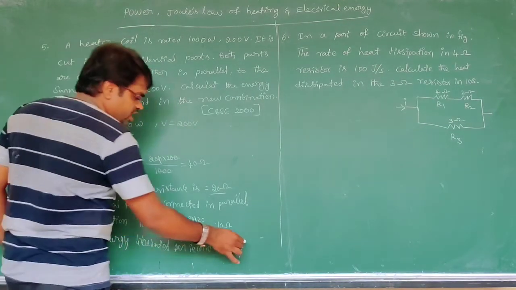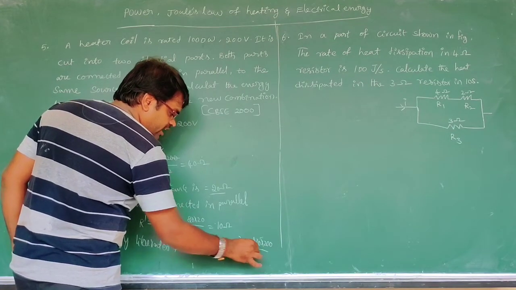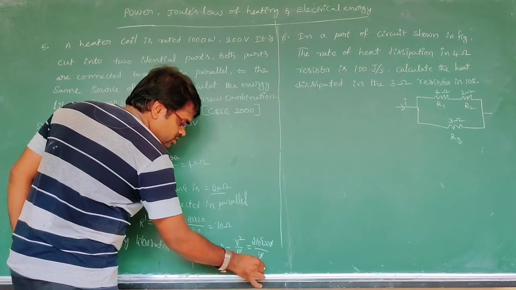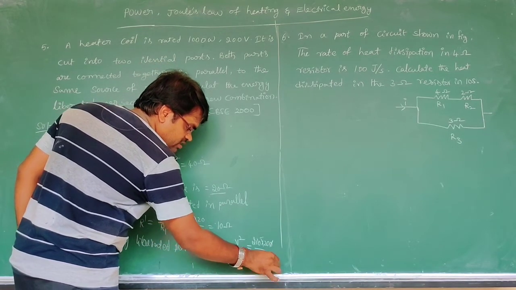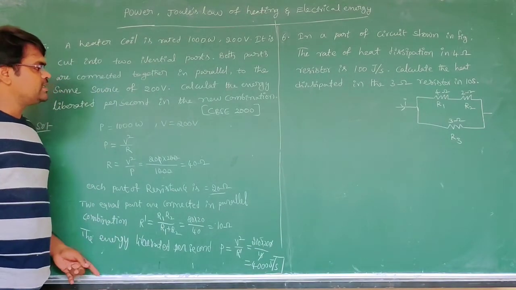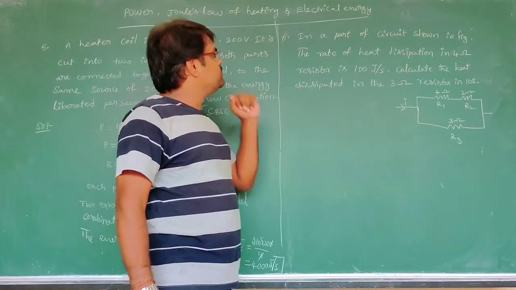That's why here we got 200 into 200 by 10, which is 4000 joules per second. This is the energy liberated per second. It's very important. Now we are going to the sixth one.